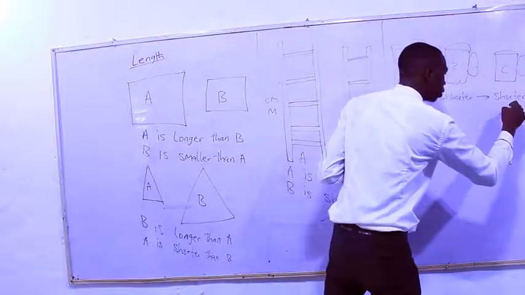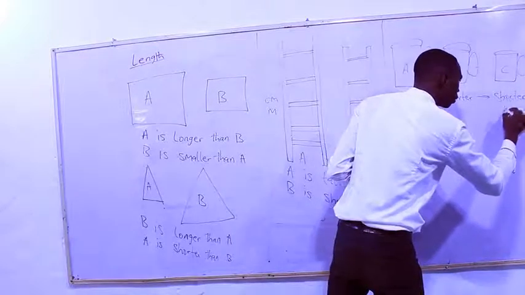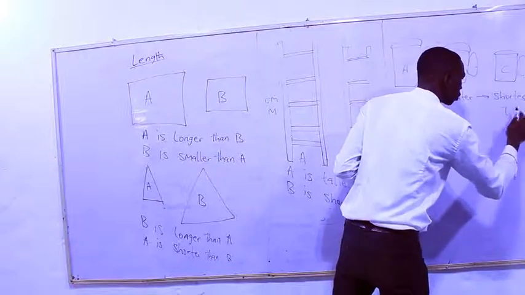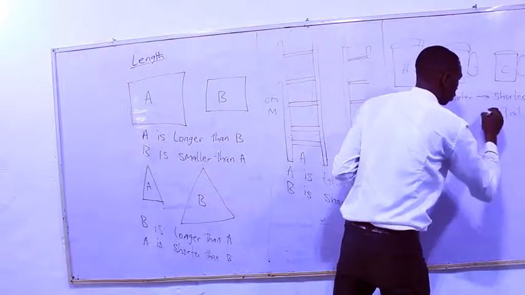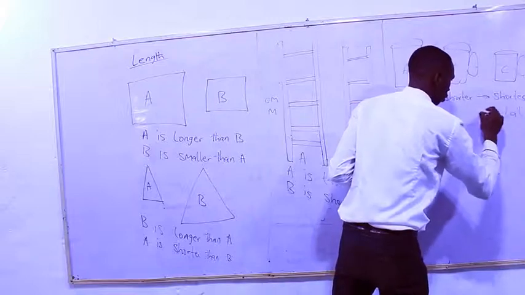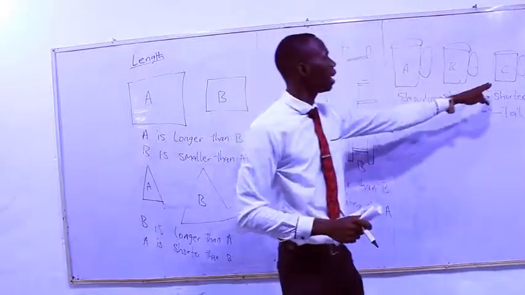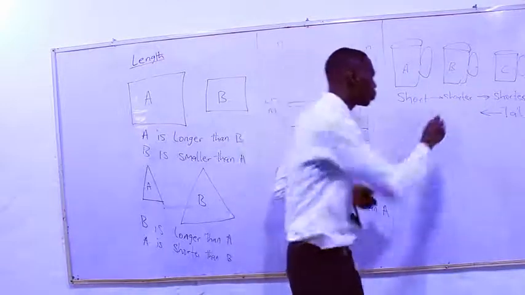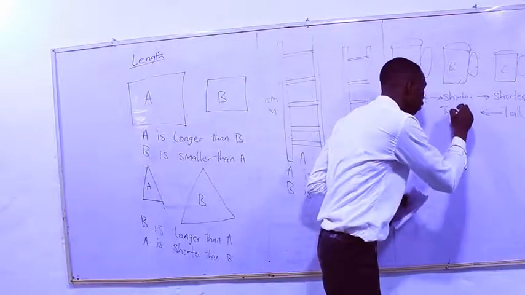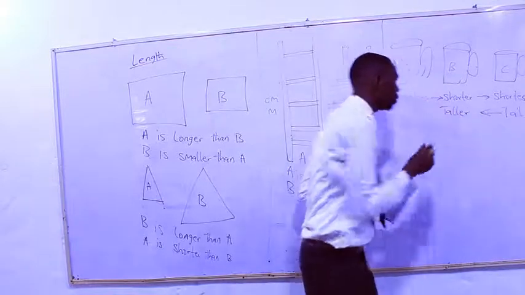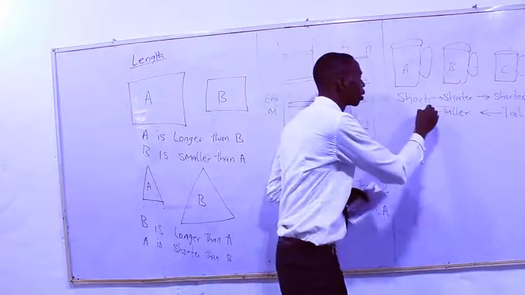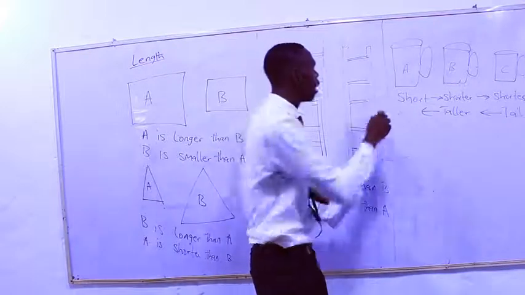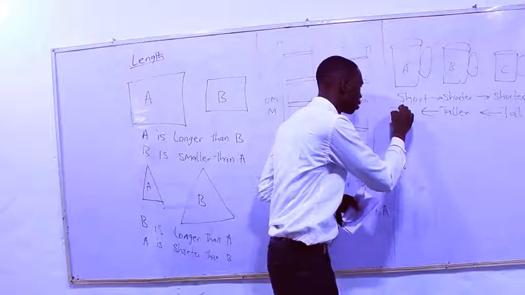This to be tall, yes, C is tall, but not as tall as B. So we'll put B is taller. This is called comparison. Comparative form of tall. And this one is the tallest.